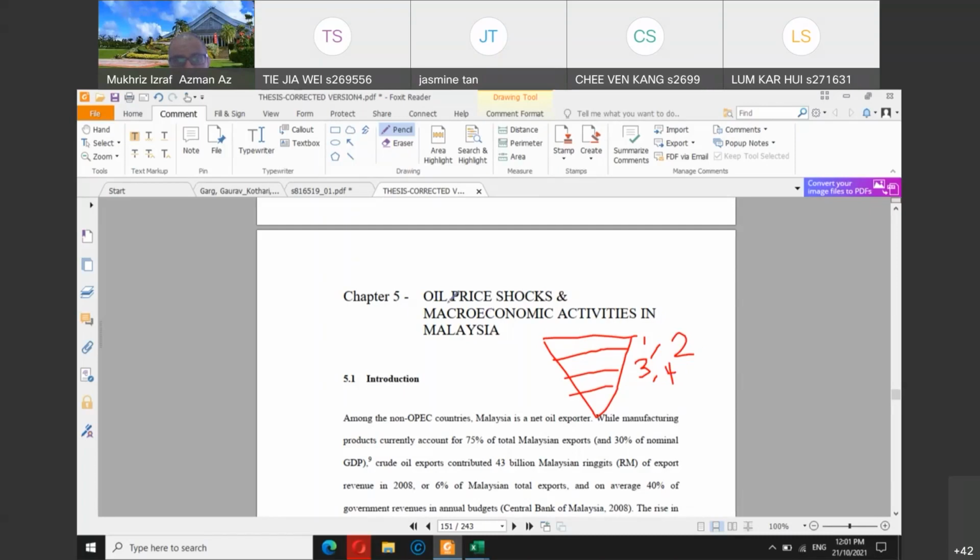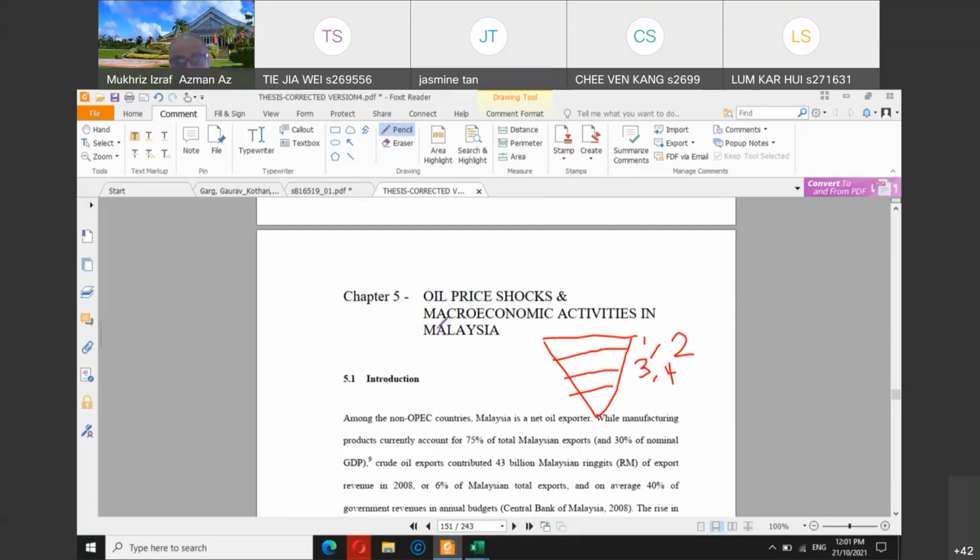For example, mine is on Malaysia. Oil price shocks means a large increase or a large decrease in oil price. So my main thesis, the whole thesis of my PhD, actually evolved around the oil price shocks issue. As we know, oil price can go up very, very high, or it can even be so low.